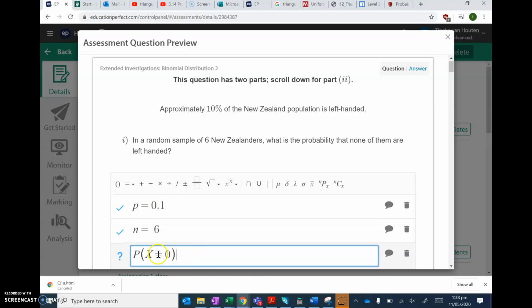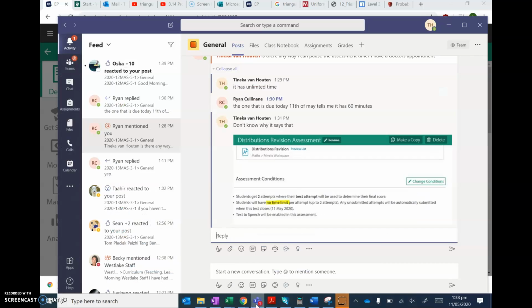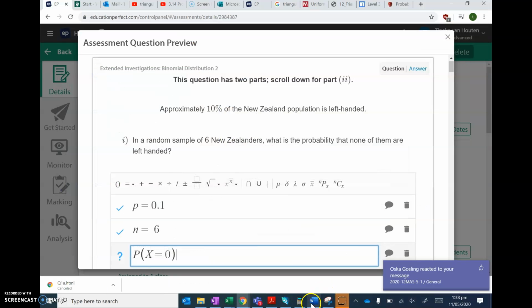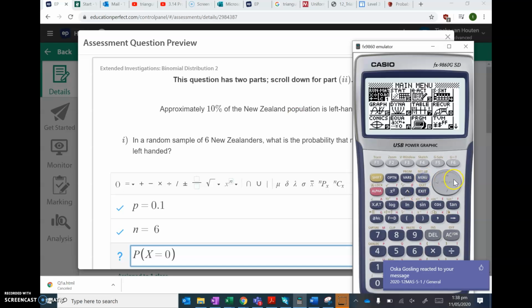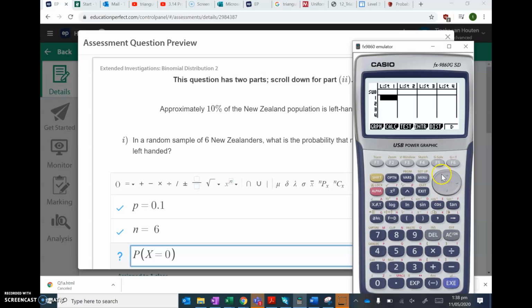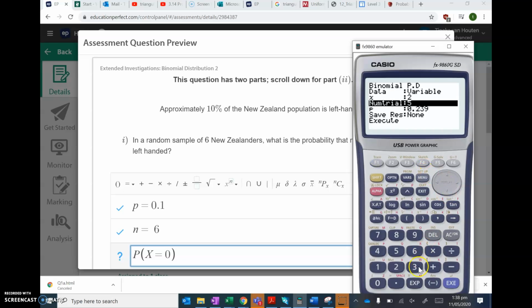So I'm going into BPD in my graphics calculator. So stat, it's a binomial distribution. I need BPD. My number of trials is 6.